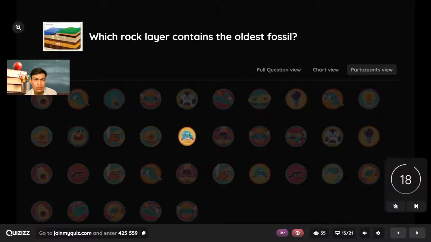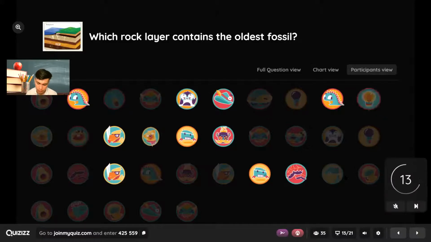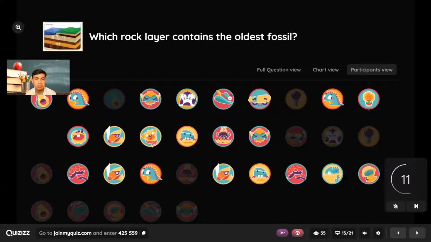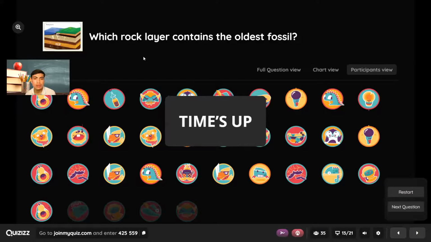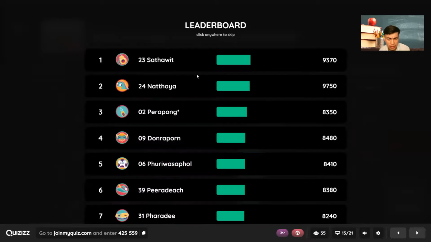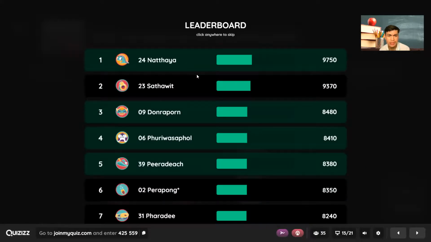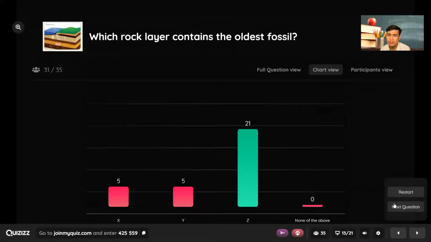Which rock layer contains the oldest fossil, X, Y, or Z? Oldest. Okay, so what are the changes in the leaderboard? It's Nataya now. Okay, and all right.